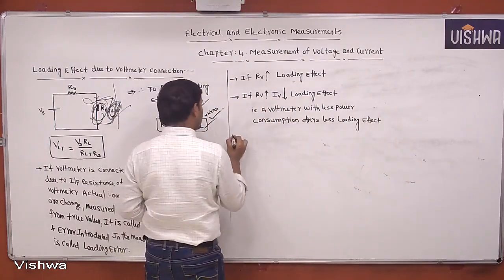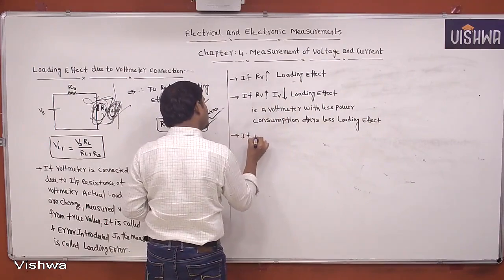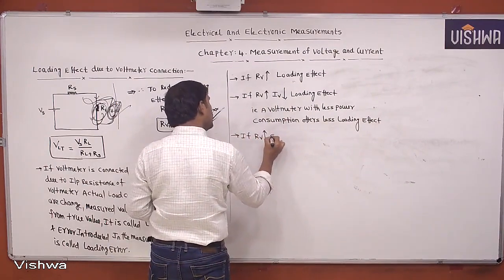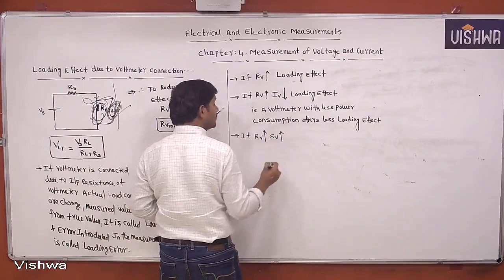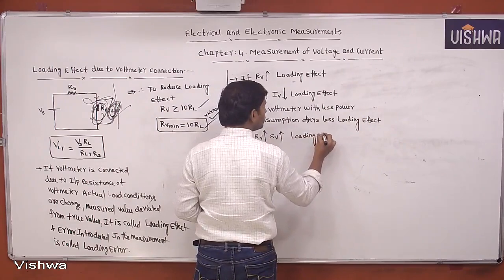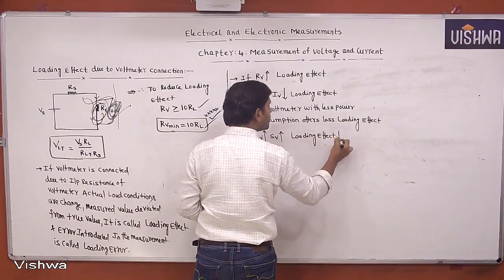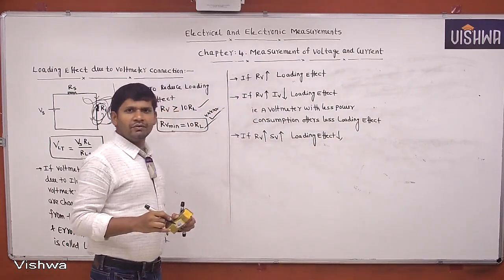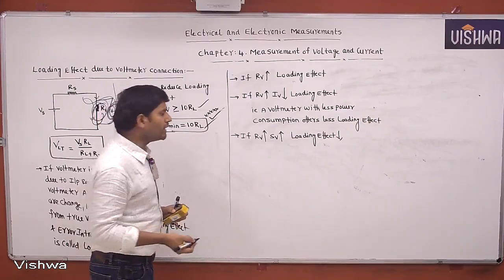One more observation. If RV increases, the sensitivity also increases. What about the loading effect? That is, the loading error reduces. Loading effect is reduced. That is, a voltmeter with high sensitivity will offer less loading effect.